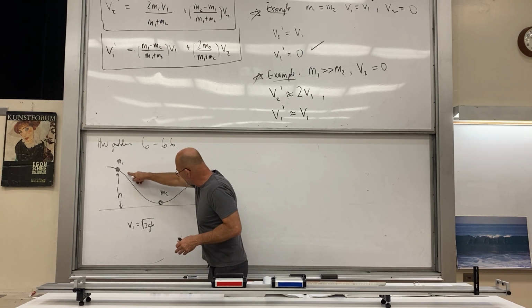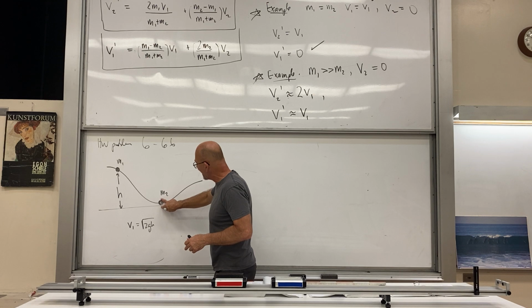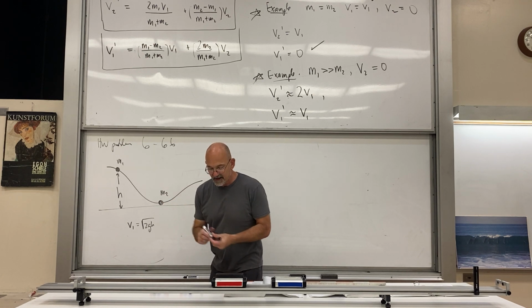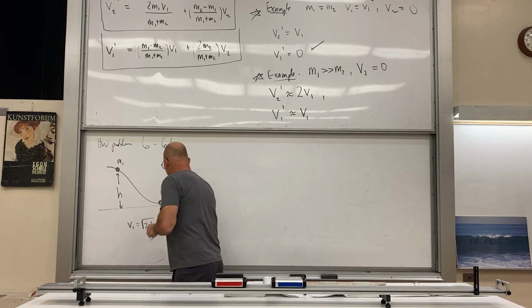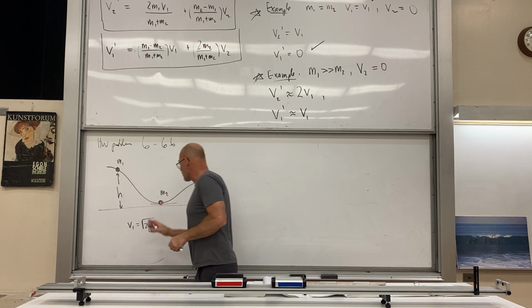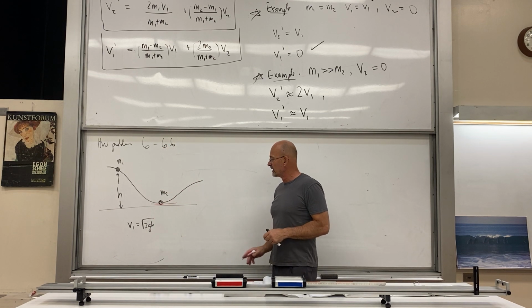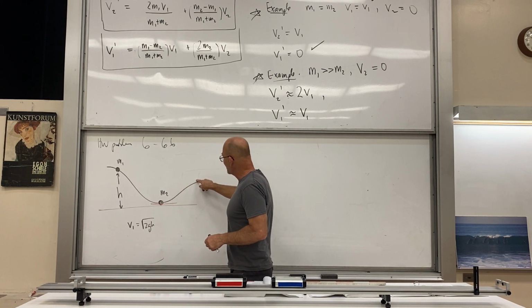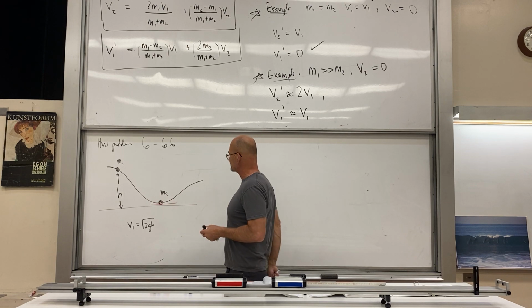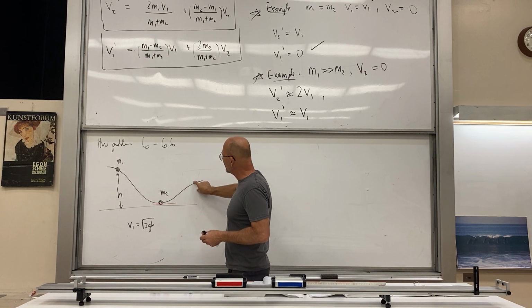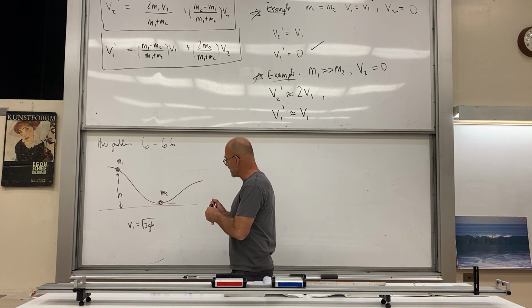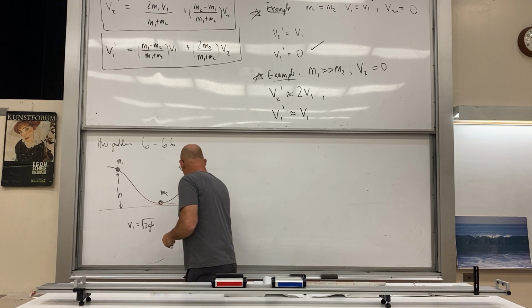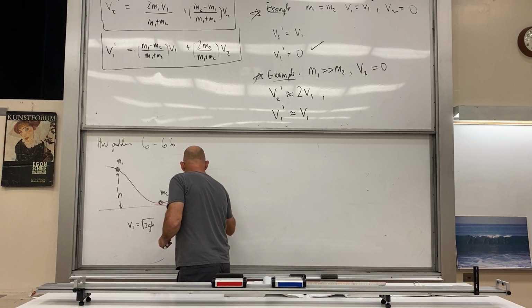So then M1 comes down and strikes this other bead elastically. And so during that impact and immediately before and afterwards, you're on the horizontal. Okay. So then the question is, how high does M2 go up the wire, whatever this is, up the track? How high does it go? And that, of course, depends upon, so here we'll put H prime equals question mark.